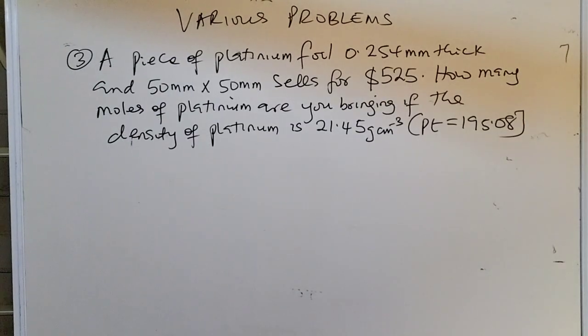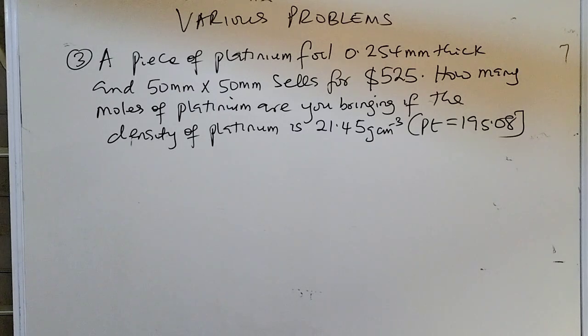So we have a question on the board that says a piece of platinum foil 0.254 millimeter thick and 50 millimeter by 50 millimeter sells for $525. How many moles of platinum are you buying? The density of platinum is 21.45 grams per cm cube.